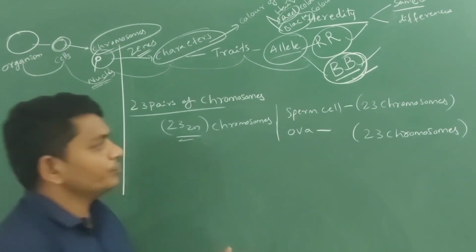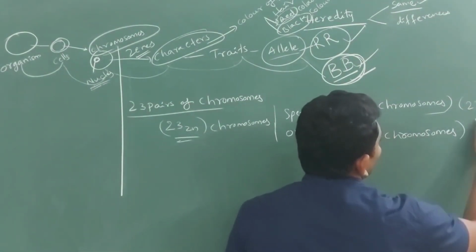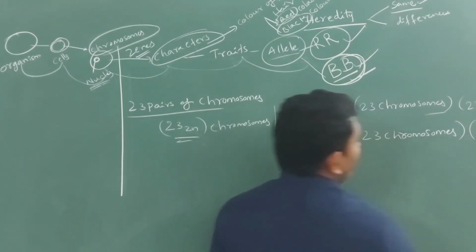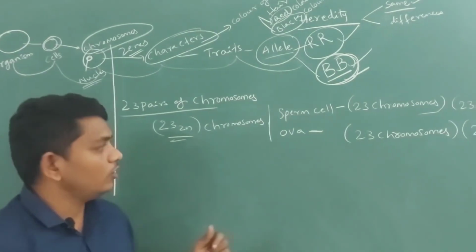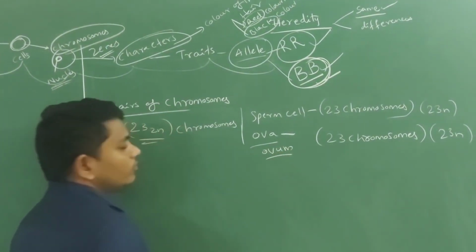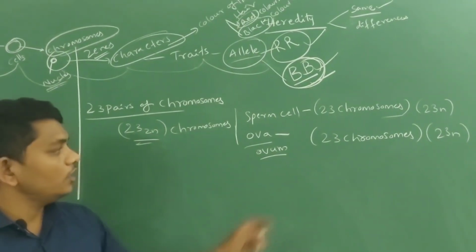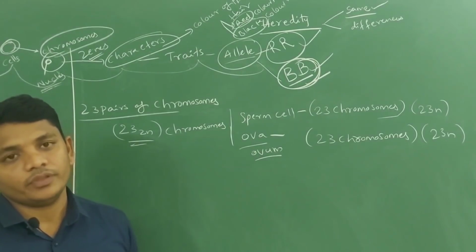We can represent these 23 chromosomes like this: 23 n chromosomes. In the sperm cell and the ovum, we can see only 23 chromosomes in human beings.